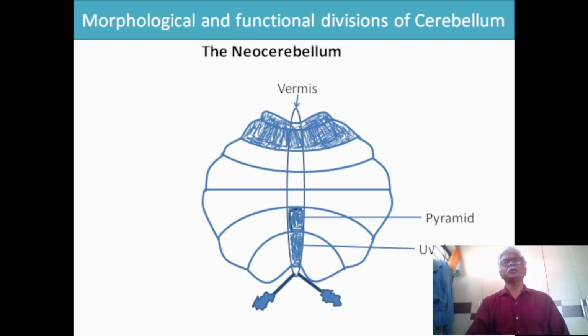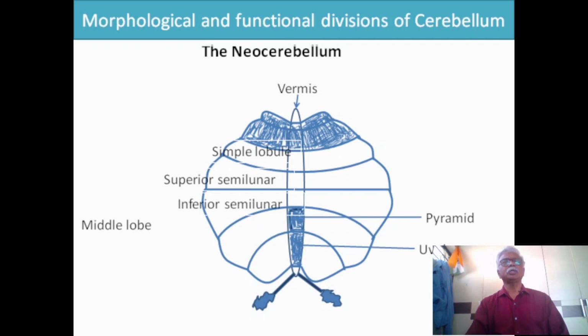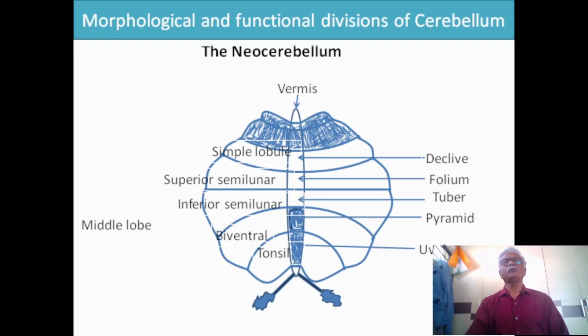Then we have the neocerebellum. The neocerebellum consists of most of the middle lobe, the simple lobule, superior semilunar, inferior semilunar, biventral lobule, and tonsil, which are parts of the hemispheres, and the declive, folium, and tuber of the vermis.